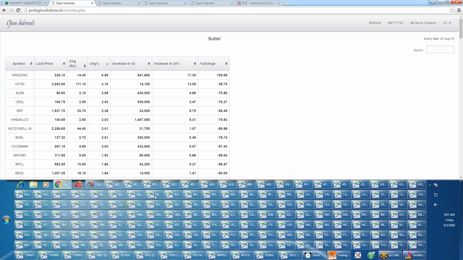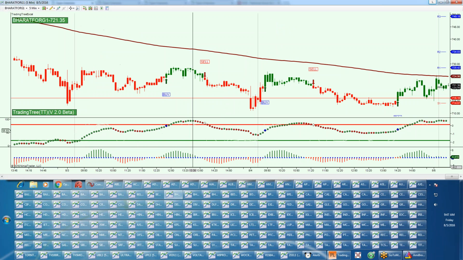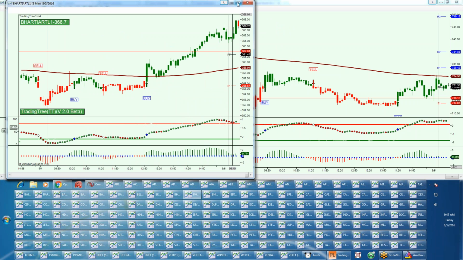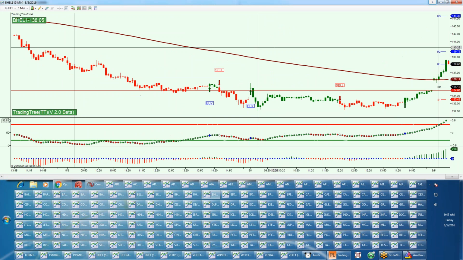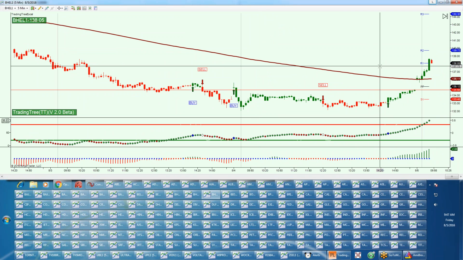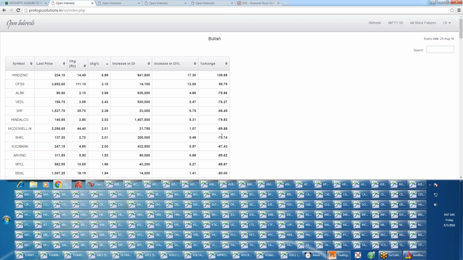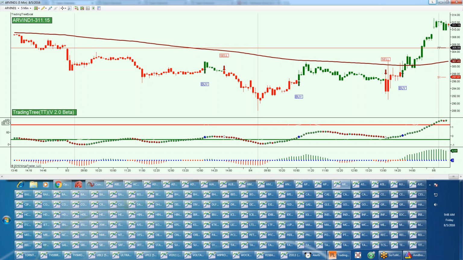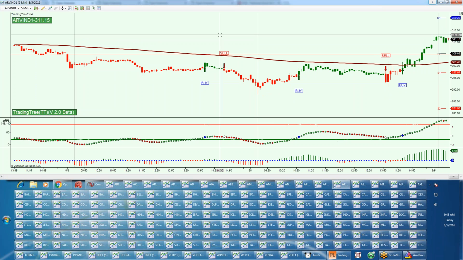So we have BHEL. Arvind, you can buy it at 313.10.